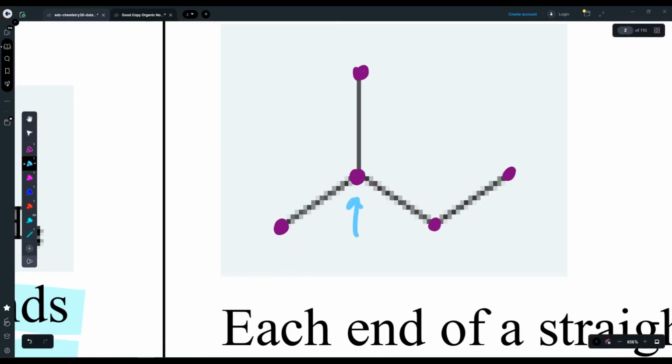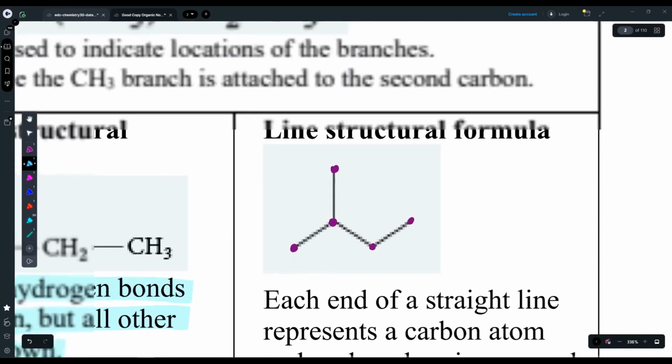Okay, now this carbon has 1 implied hydrogen because it has 1, 2, 3 bonds already. So it needs 1 hydrogen to make it so that there's 4 bonds to it. This carbon already has 2 bonds to it, so it has 2 implied hydrogens. Okay, and both of these carbons here, they both have 3 hydrogens implied because each of these carbons has 1 bond to it, so it needs 3 implied hydrogens to make up all the bonds that it needs.